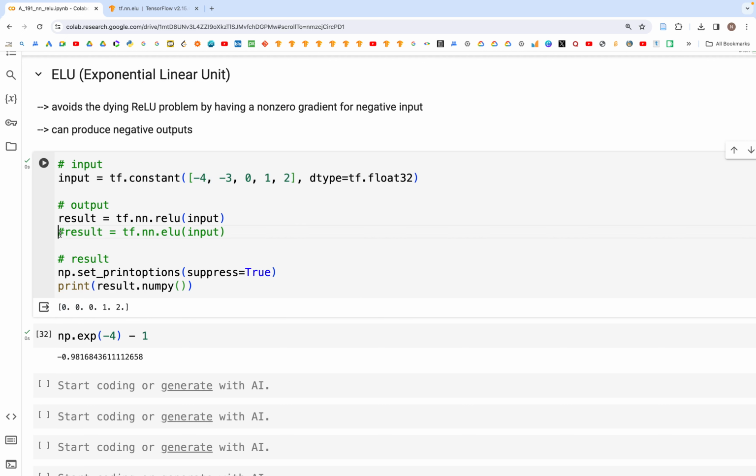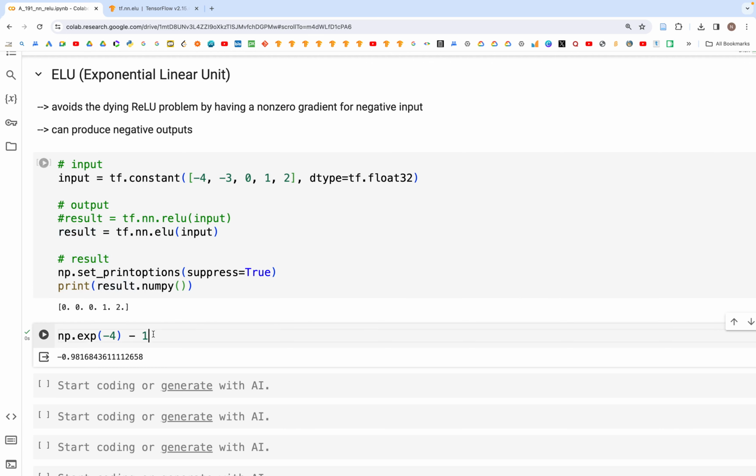In case of exponential ReLU, the negative values are calculated as shown here. So we have exponential raised to power -4, and then we subtract 1 from that. So here we get a value of minus 0.981 instead of a 0.